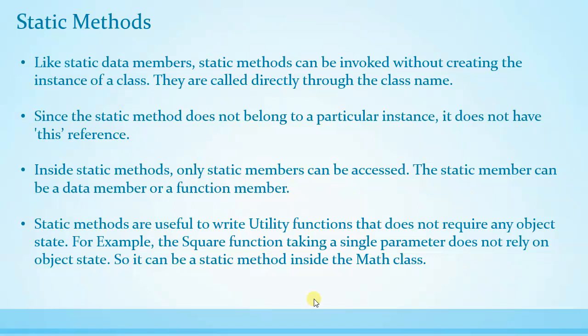Once we have square as static inside the math class, outside the math class we can use it as a utility function. That means any class can call math.square, passing an integer literal or integer variable to get the square result.